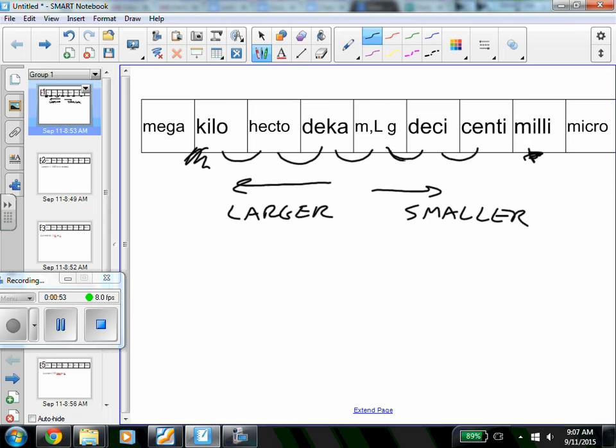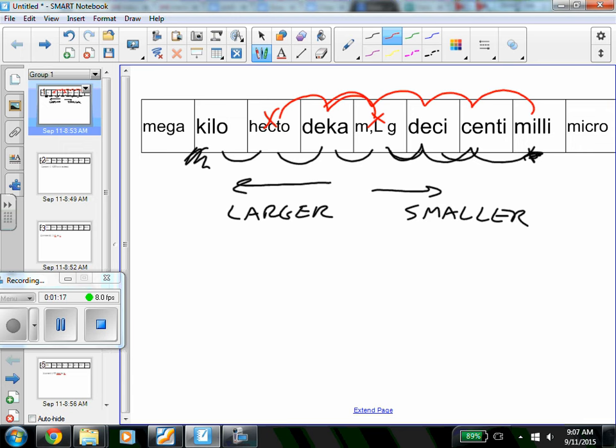Here I'm going a tenth less than that, a tenth less than even that. If I go the other direction, I get 10 times bigger, 10 times bigger, 10 times bigger, and so on. So this is 100 times bigger than this, because you go a factor of 2 spaces, or 10 times 10 is 100.